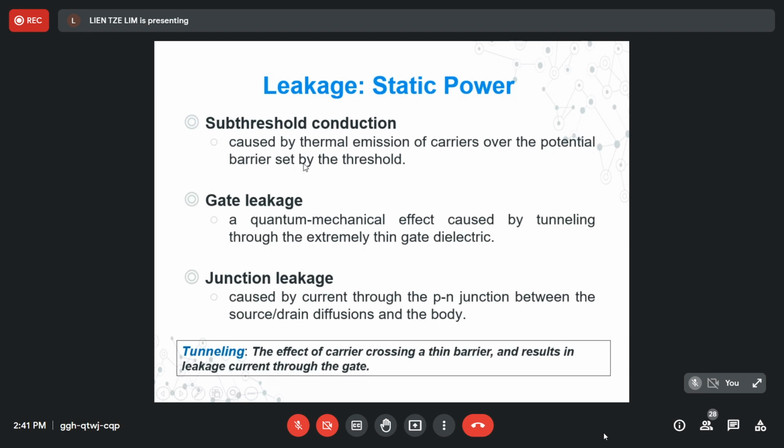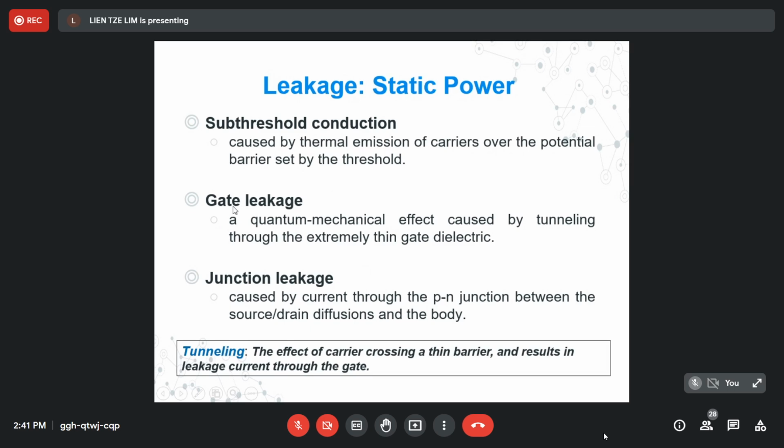Just now the diagram mentioned the subthreshold leakage current, gate leakage and junction leakage. Here are all the definitions for all the leakage currents. For subthreshold leakage current, we can also call it subthreshold conduction. It is caused by thermal emission of carriers over the potential barrier set by the threshold.